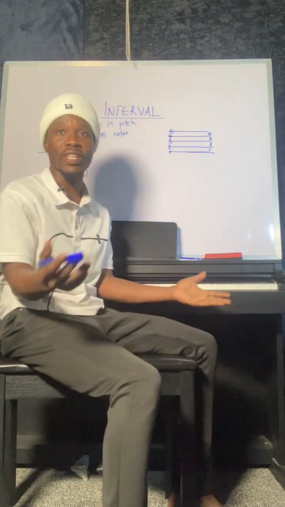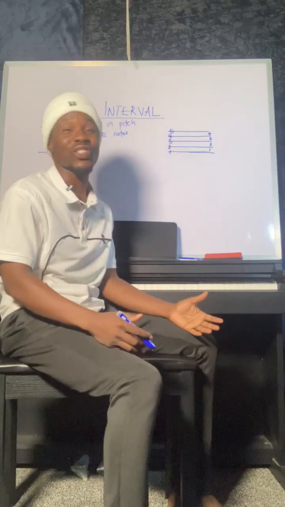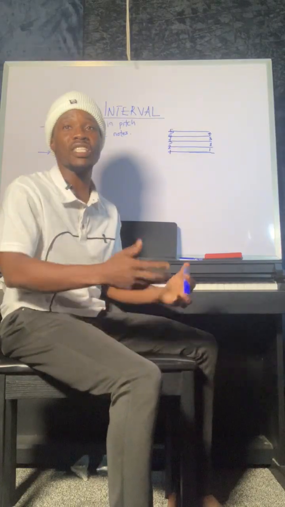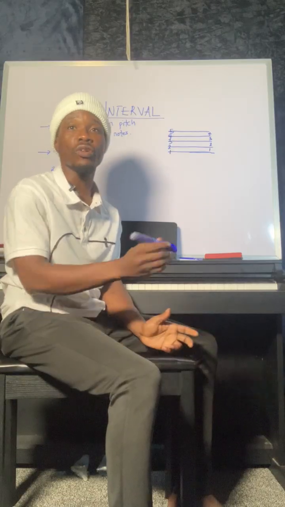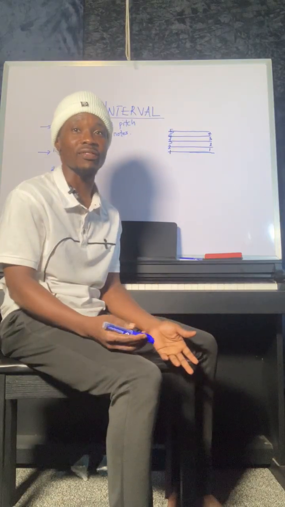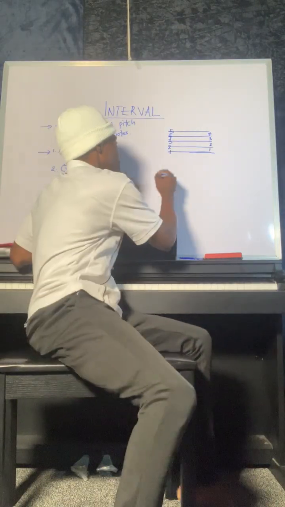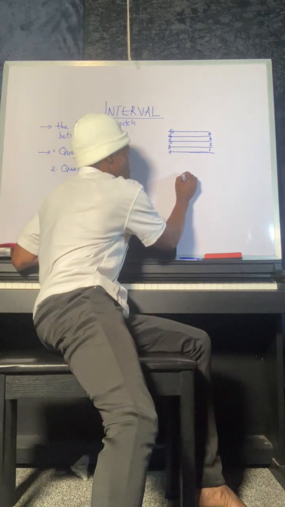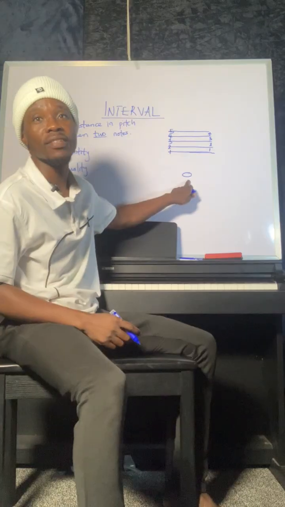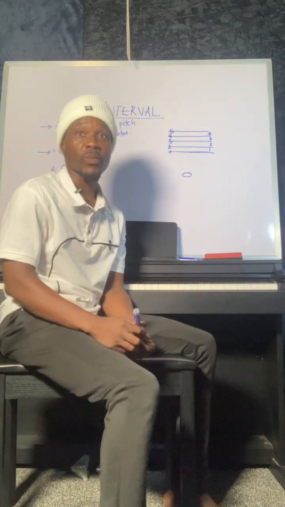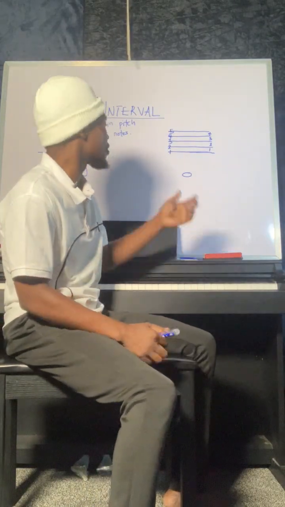Now, we have different types of notes. It's a tradition that when we want to teach or explain interval, we always use the whole note, or semibreve, to explain interval. This is the shape of the semibreve or whole note, so we'll be using this here to explain interval.